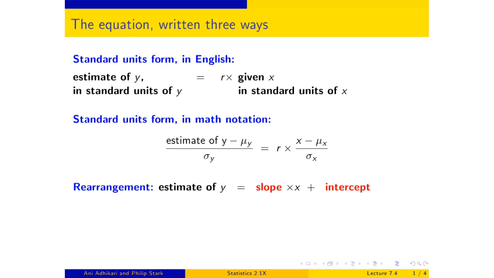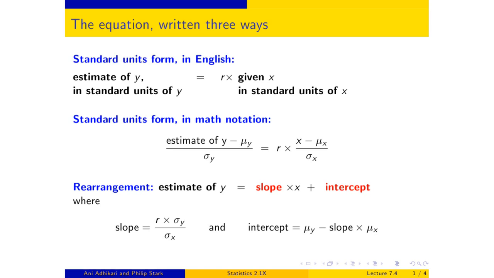And if you sort out that algebra, you will get the slope of your regression line is r times the SD of y divided by the SD of x. And the intercept is the mean of y minus the slope times the mean of x.